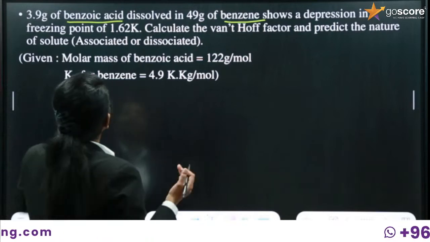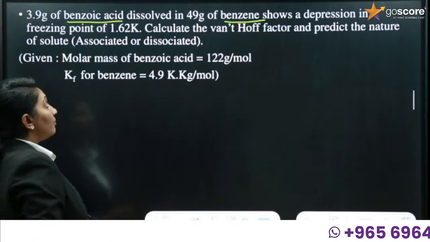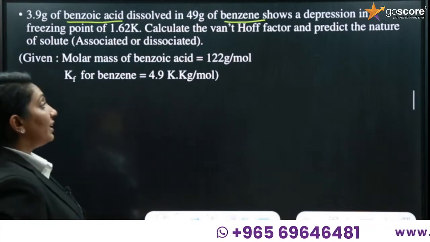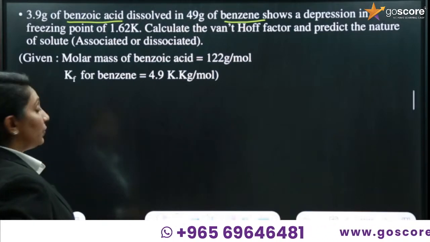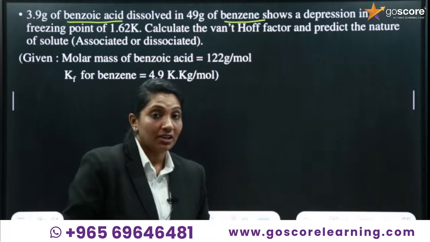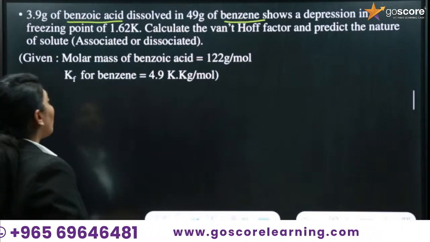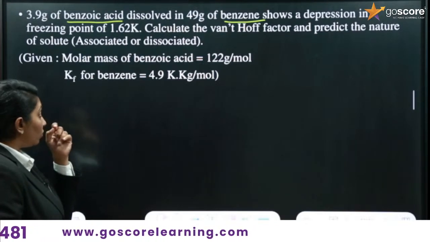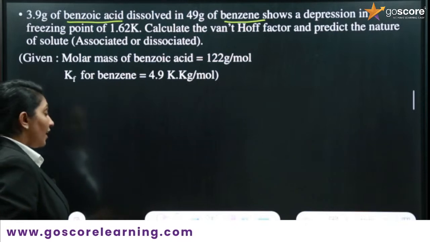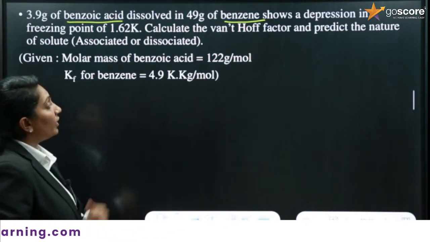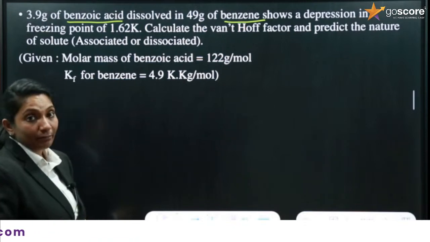Calculate the Van Hoff factor and predict the nature of the solute, that means whether the solute gets associated or dissociated. You are provided with the molar mass of benzoic acid as 122 gram per mole and the cryoscopic constant Kf for benzene as 4.9 Kelvin kilogram per mole.